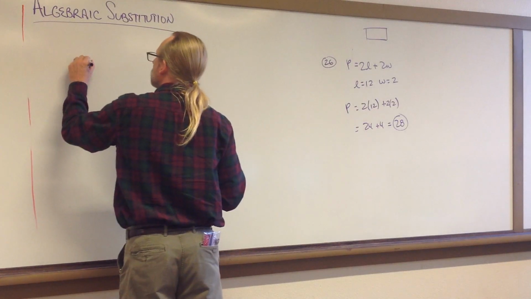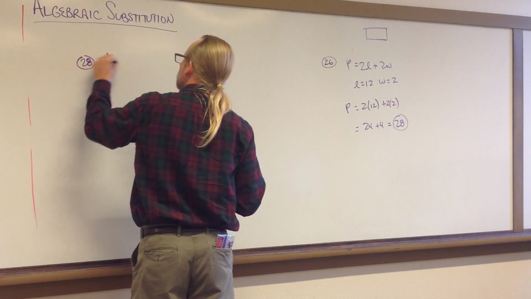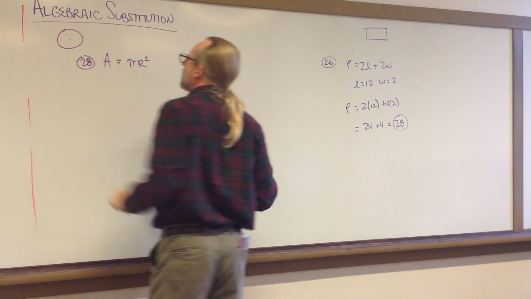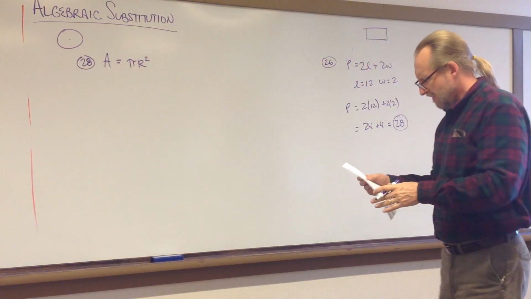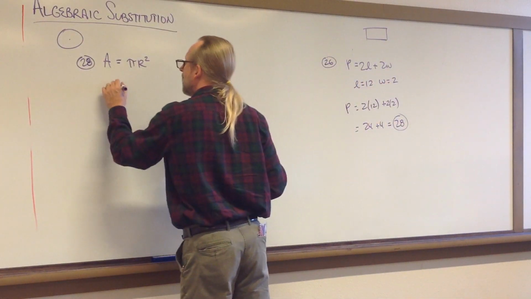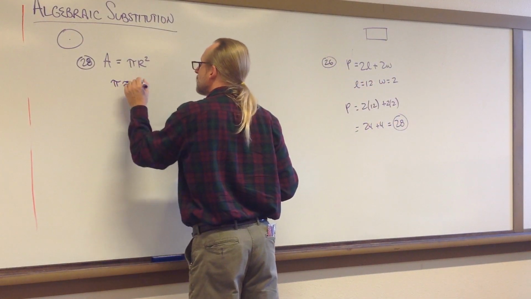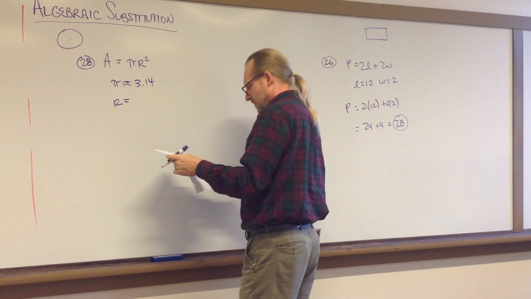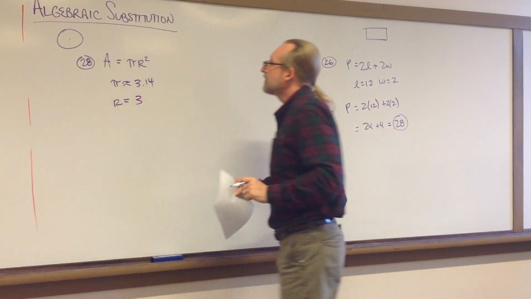Problem 28, area equals pi r squared. That's the area of a circle. And we've got pi approximated to 3.14. And in this problem, the radius r is equal to 3.